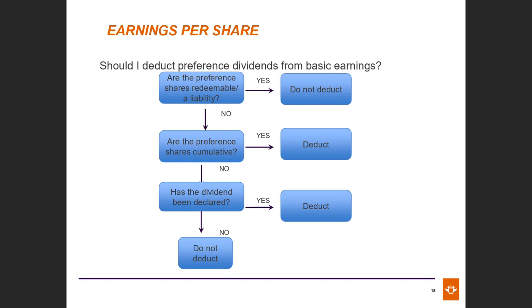If the preference dividends have not been declared, then we will not deduct them from our profit when calculating our basic earnings.